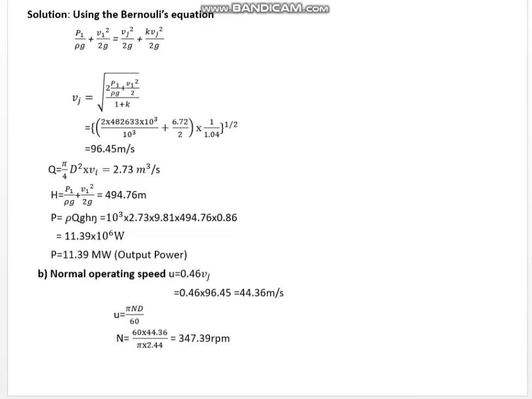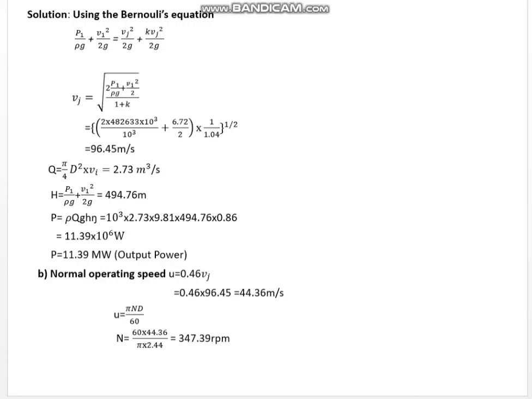Then by using this formula, P1 by rho g plus V1 square by 2g is equal to Vj square by 2g plus K Vj square by 2g. Now by doing the calculation, we found that Vj is equal to 96.45 meter per second.